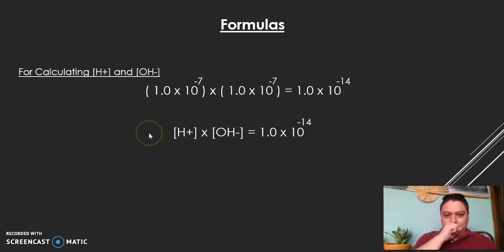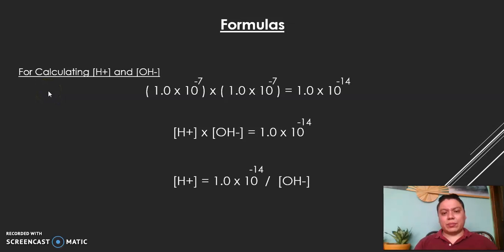Sorry. And from this formula, we can get two more formulas. Hydrogen concentration equals 1 times 10 to the negative 14 divided by the concentration of hydroxide ions. It's a simple displacement of the formula. We're simply clearing the formula to find hydrogen ions.